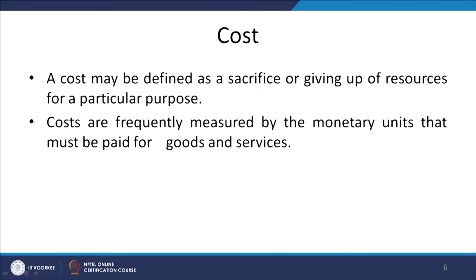Now, the next thing is, what is cost? Cost may be defined as sacrifice or giving up of the resources for a particular purpose. When you have resources, funds, finance, we use that resource, that resource goes out, and we get something in return, and that is material, right.